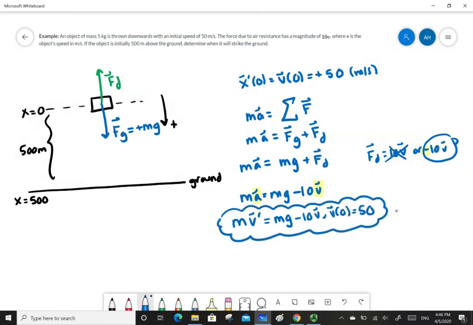And since we know the mass of the object is 5 kilograms, we can replace m with 5 and rewrite this as 5v prime equals 5g minus 10v, which we can simplify by dividing the equation through by 5.